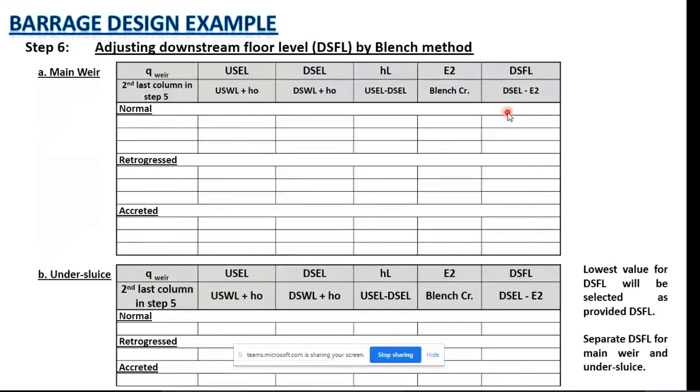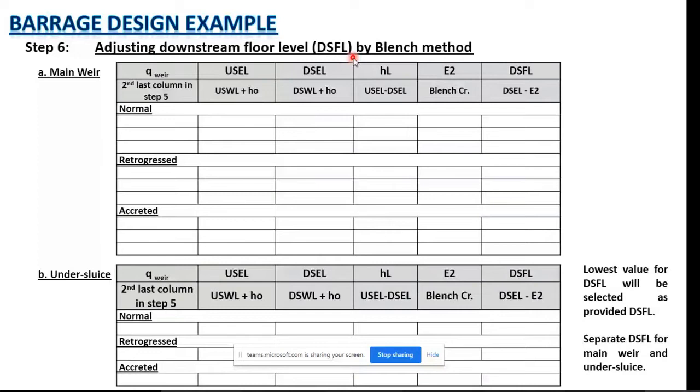The next step is setting or adjusting the downstream floor level. For adjusting the downstream floor level, I'll be using three different methods: first, named the Blench method, second, named the Crump's method, and third, the conjugate depth method. In all three methods, we'll be adjusting the downstream floor levels.